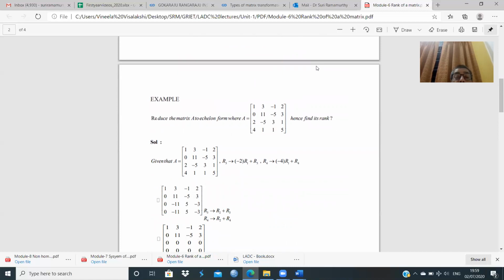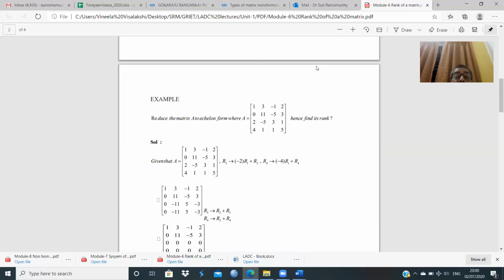Now let us look at a couple of examples of finding the rank of a matrix. The first example we select is a demonstration of finding the rank using row operations, and the idea is to reduce it to an echelon form. An echelon form is basically a form that returns an upper triangular matrix with generally non-zero terms along the main diagonal.